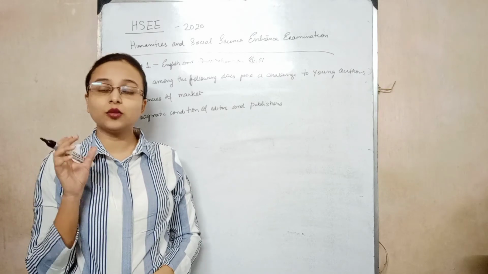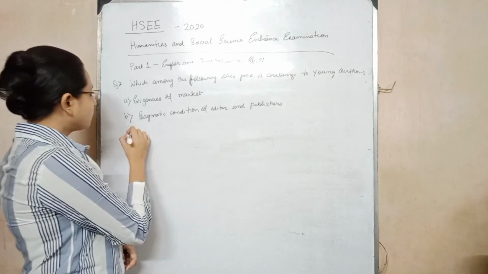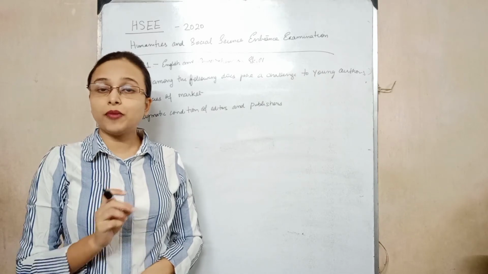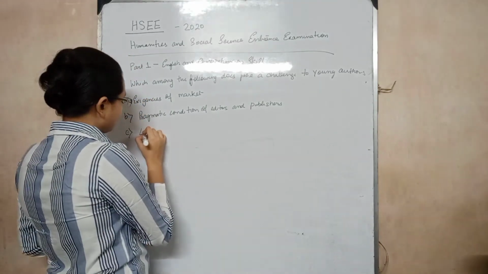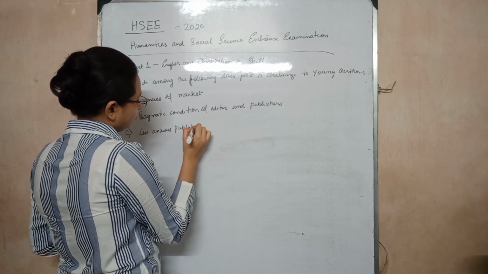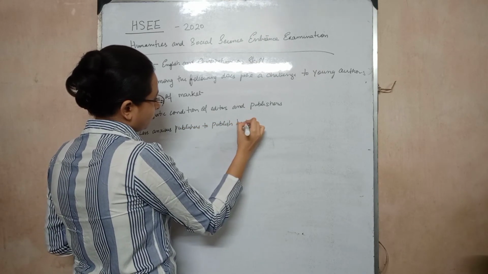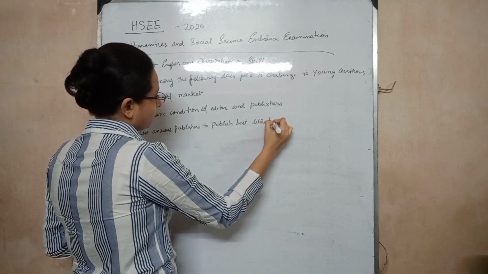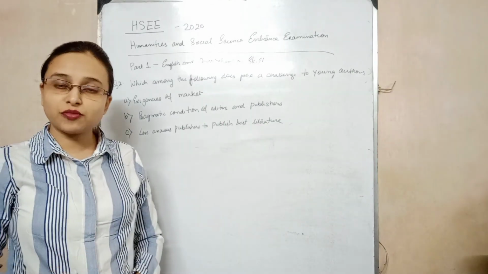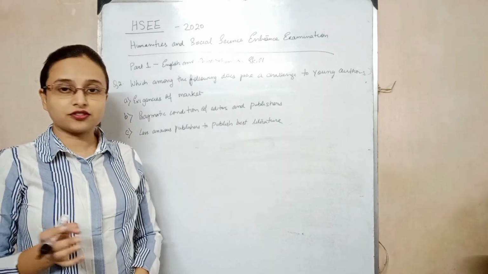So I hope you understand the word pragmatic, and this was the second option that was given. Okay. Now coming to the third option. The third option given was less anxious publishers to publish best literature, which means publishers are really not interested in publishing the best books, rather they are interested in profit.